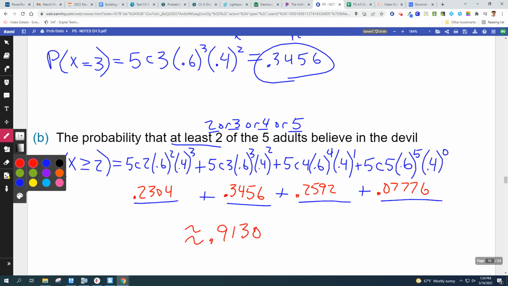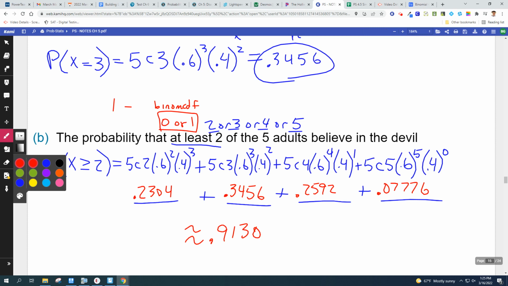Now, if you were going to use the TI, since we don't want 0 or 1, we could do a binomial CDF and subtract off those. We subtract off the ones that we don't want, and that leaves us with what we do want. I think it'd be much easier to just use that website, though.